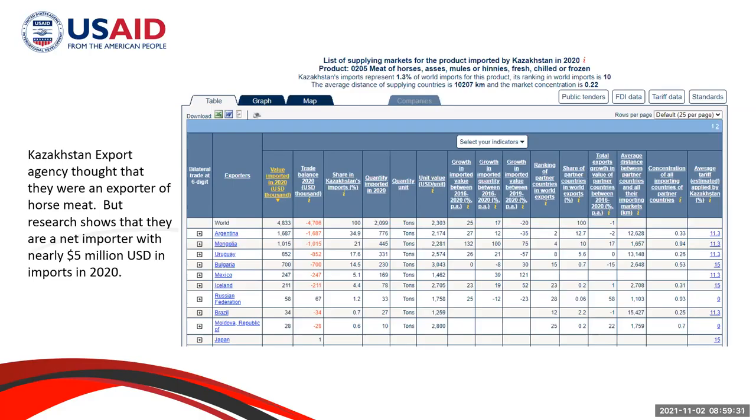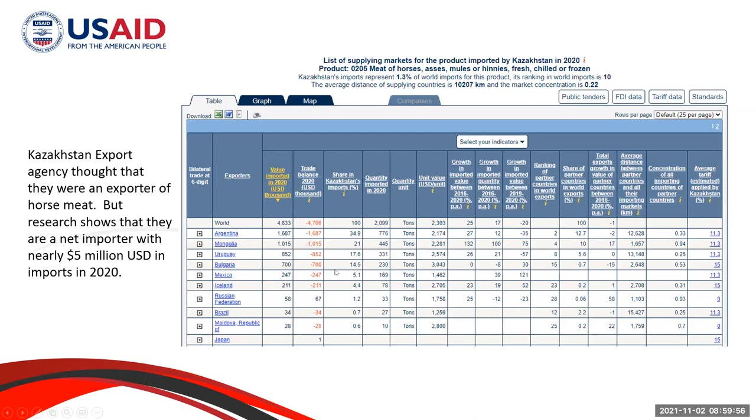And we did the research, and Kazakhstan is actually a net importer of horse meat. They're importing about $5 million in addition to, as a surplus to their exports. So they're exporting product, but at the end of the day, they're importing about $5 million more than they export.